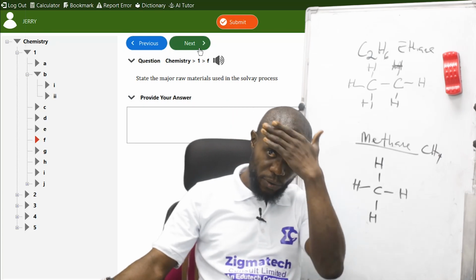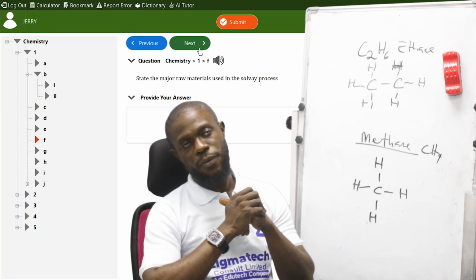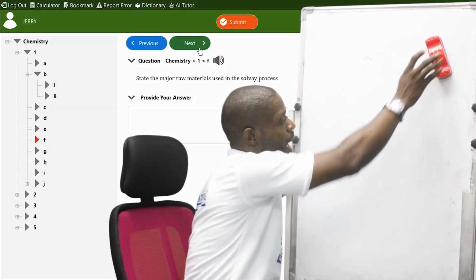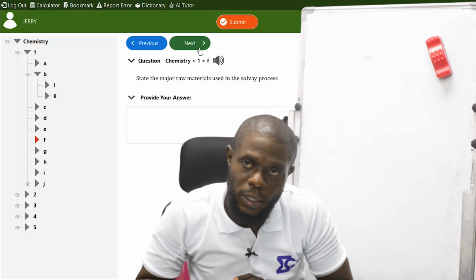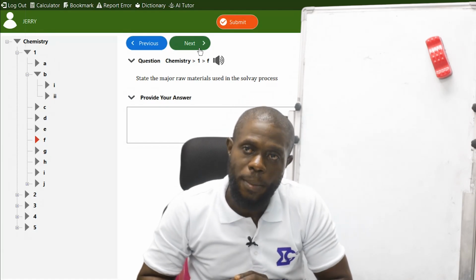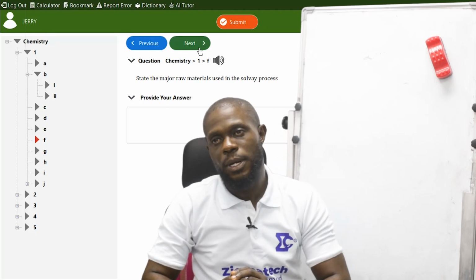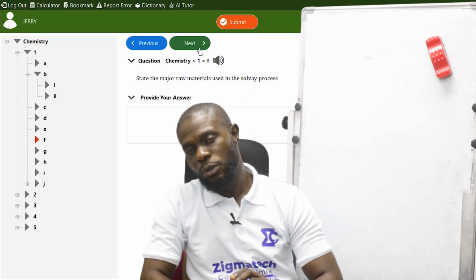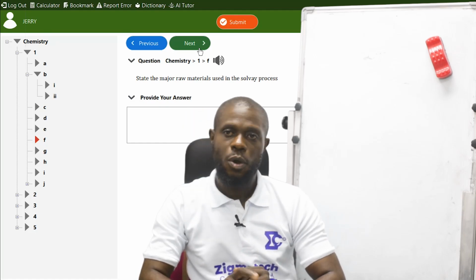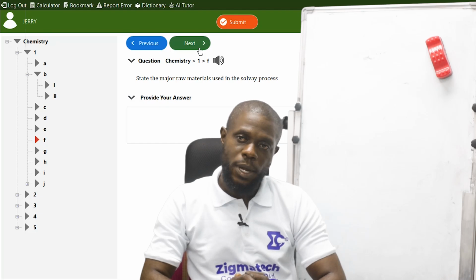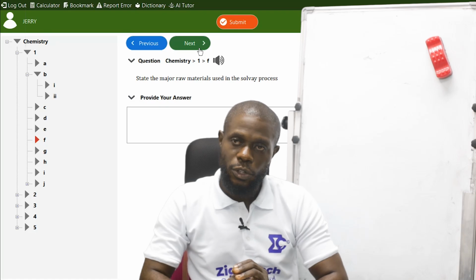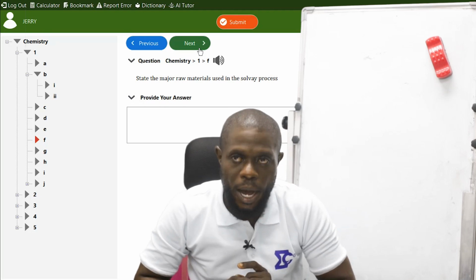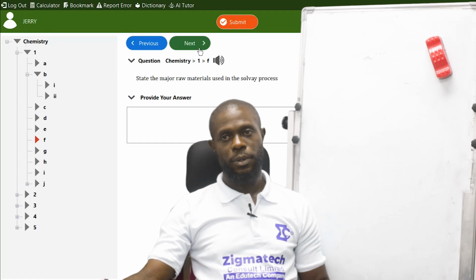The raw materials used in a Solvay process are: one, sodium chloride, which is NaCl; calcium carbonate, which is also known as limestone; ammonia; and coke. I repeat, sodium chloride, calcium carbonate, which is known as limestone, ammonia, and coke. Coke is an allotrope of carbon.